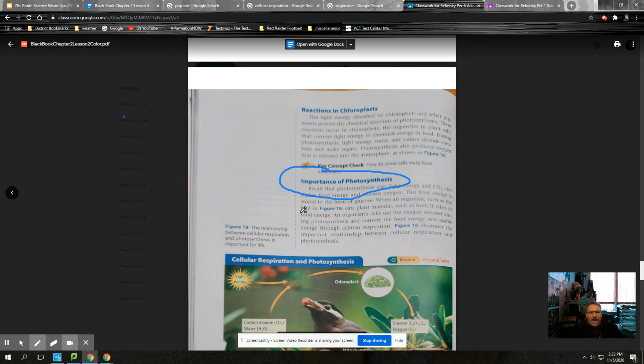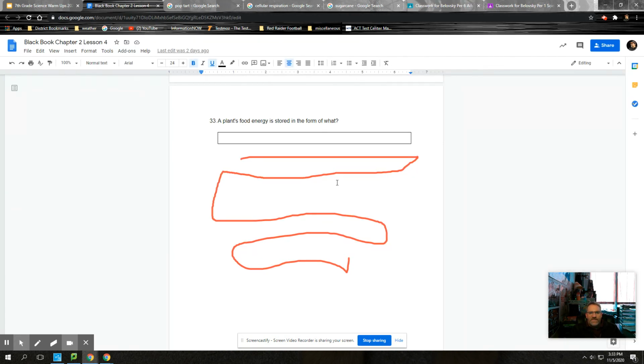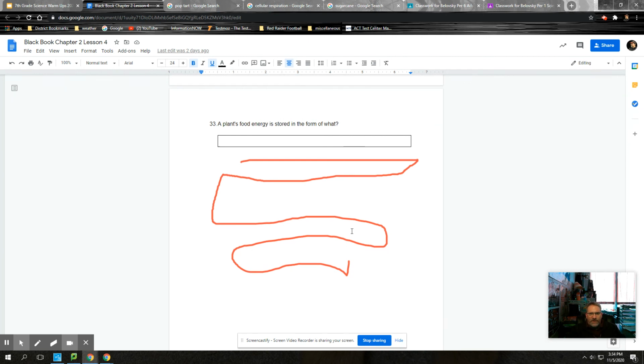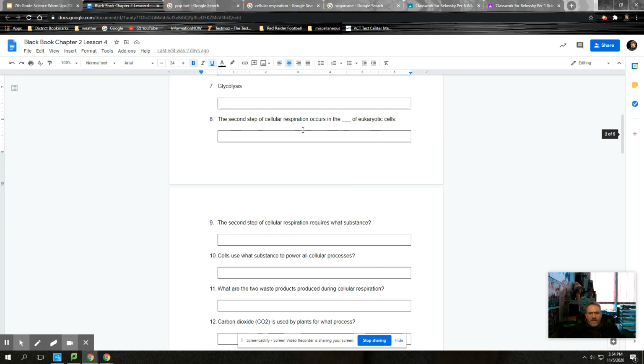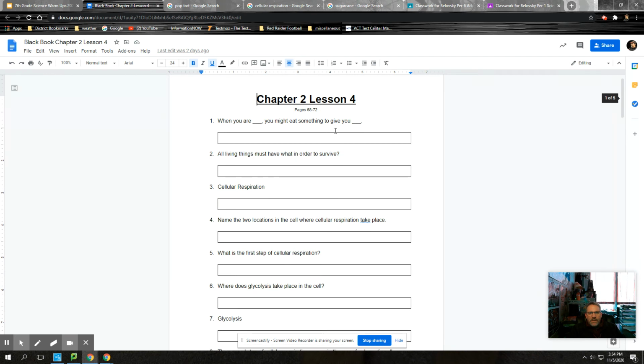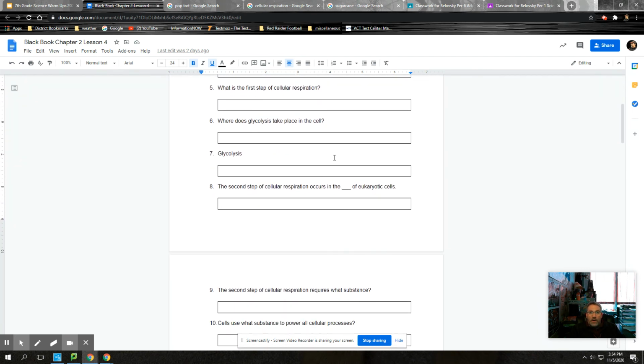All right, so that is the end of the definitions. Now, what you need to do is take these definitions that you've written right here and plug them in here. Tomorrow we are going to fill in this review sheet.